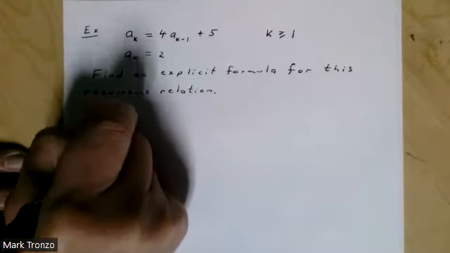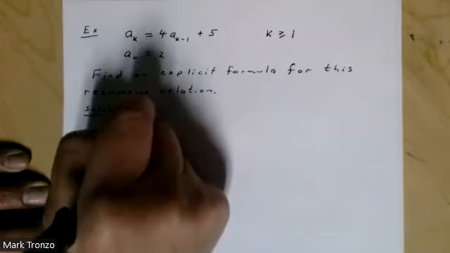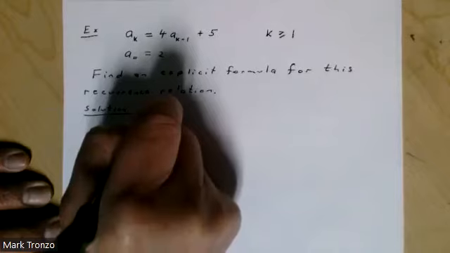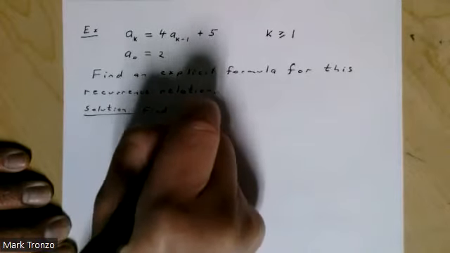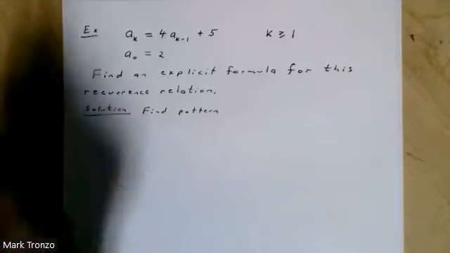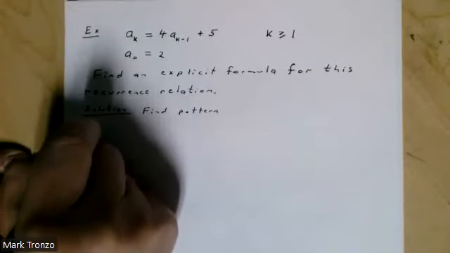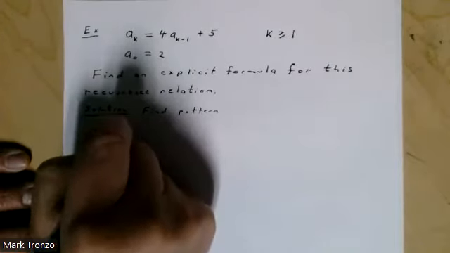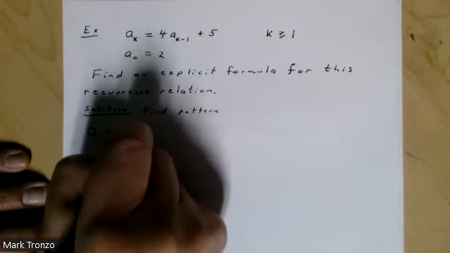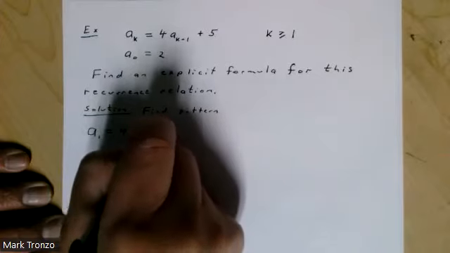Mainly what we want to do is find the pattern. And the best way to do that is just to do a bunch of terms here. So let's do a_1. According to our formula here, a_1 is equal to 4 a_0 plus 5.